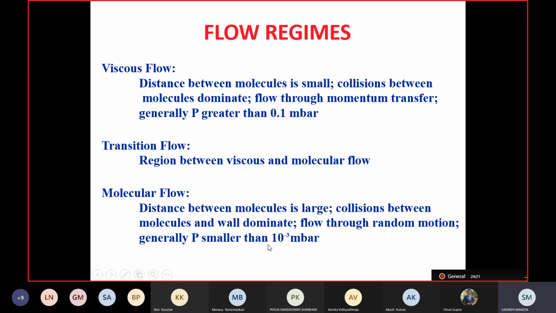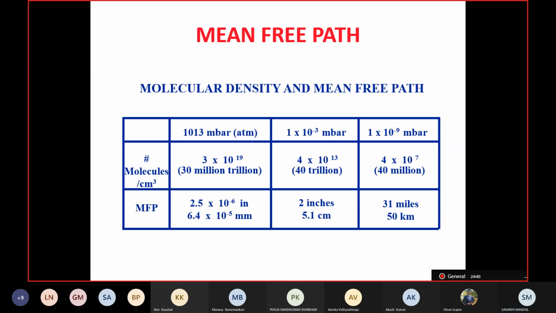Generally P is smaller than 10 to the power minus 3 millibar. That is why you have to reach below 10 to the power minus 3 millibar to get the system ready for physical vapor deposition.